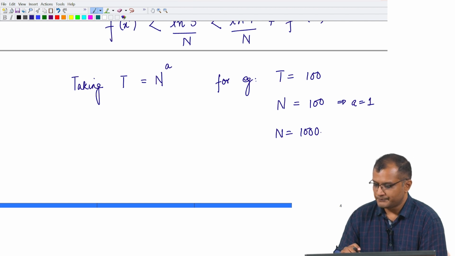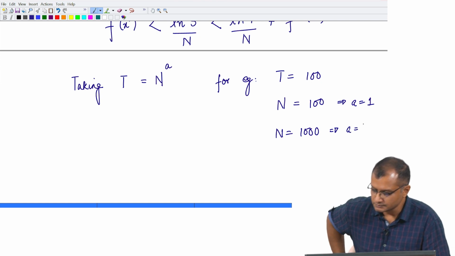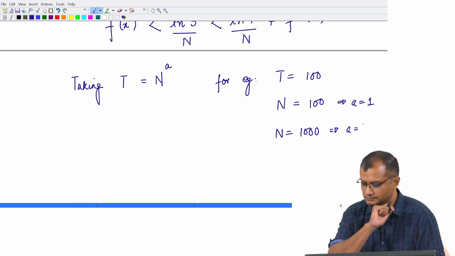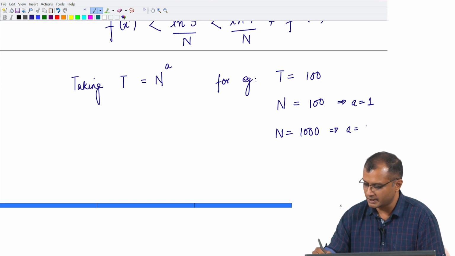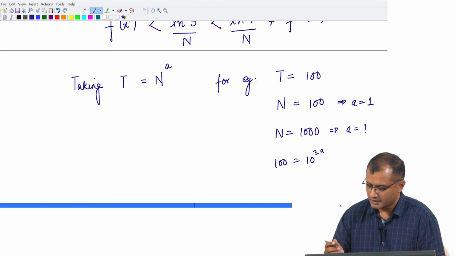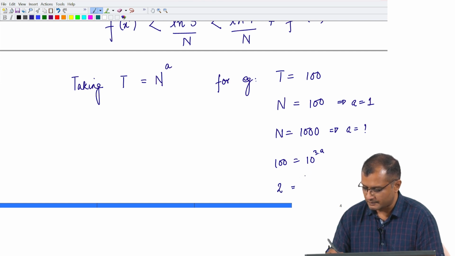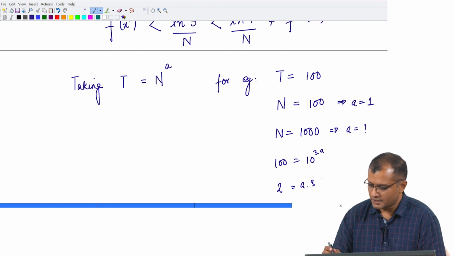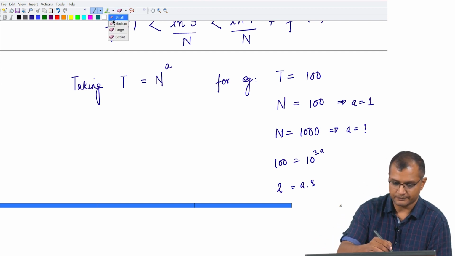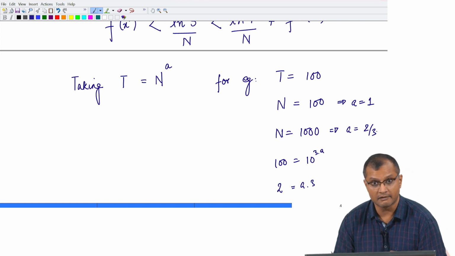So, here I can compute my A as simply 100 equals 10 to the power 3 times raised to the power A. So, if I take a ln on both sides, this would be roughly 2 and this would be just A into 3. So, I can say that A should be 2 by 3. Okay, because 1000 to the power 2 by 3 is 100.